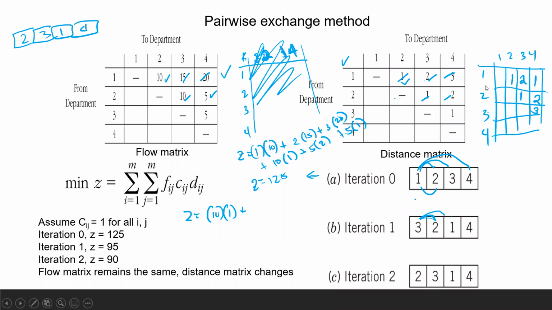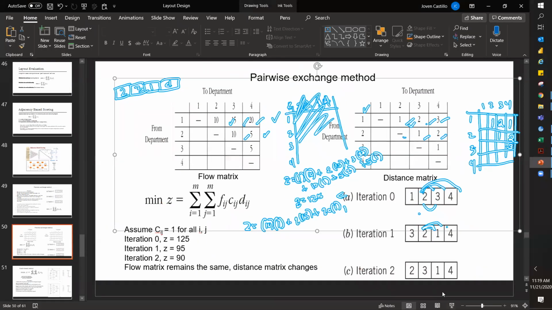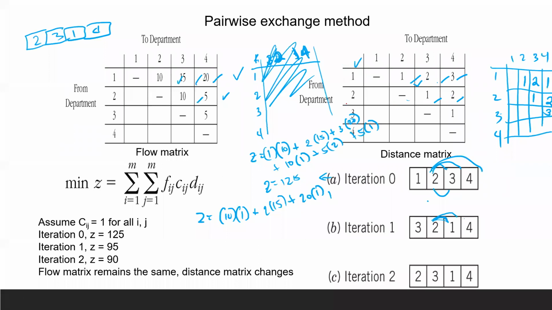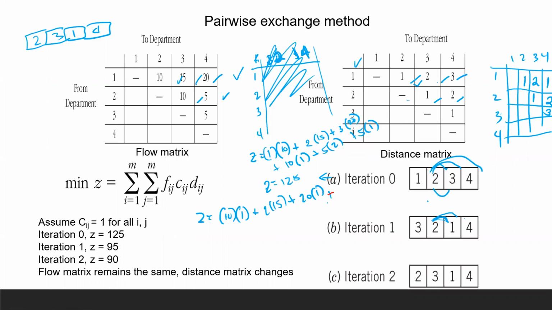So, 10 times 1 plus 2 times 15 plus 20 times 1. Then plus 20, and then 10.